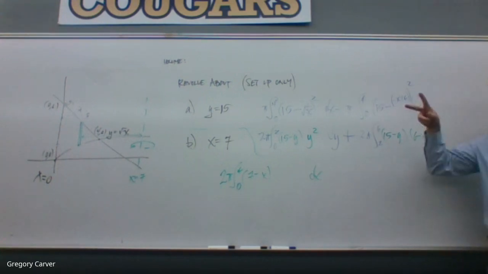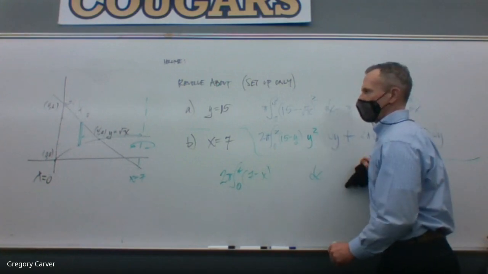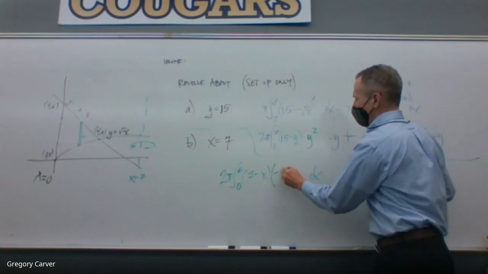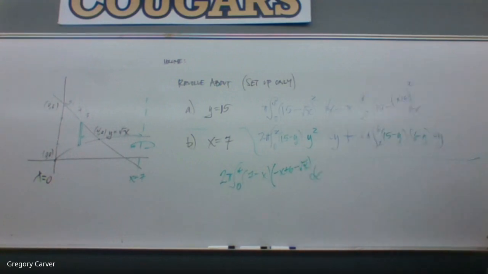All right, Bella, how tall are they? Would you have to subtract the lower one from the top one? You got it. So then it would be negative X plus 6 minus root X. Beautiful. How we doing, people? We doing okay? Love it. That was way easier with shell, right?